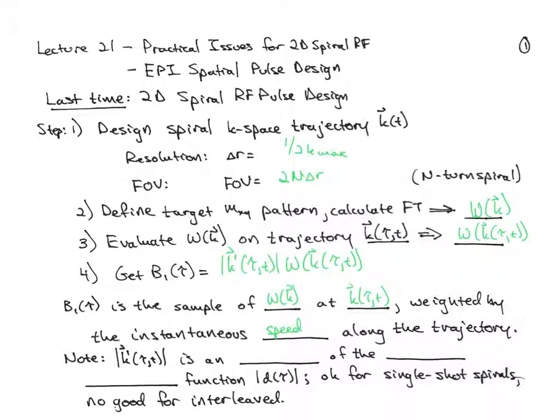So earlier we noted that taking the derivative of the k-space trajectory, which gives us the gradient waveforms, is really an estimate of the density compensation function, the magnitude of d of tau. This works okay for single-shot spirals, but it's no good for interleaf spirals. That doesn't mean we can't design interleaf spiral waveforms. You just have to come up with a different density compensation function.